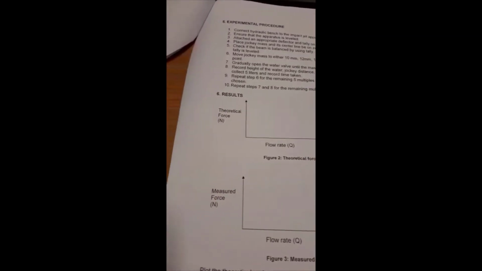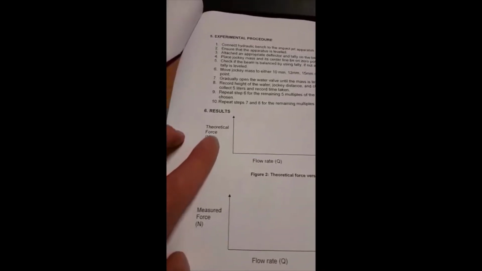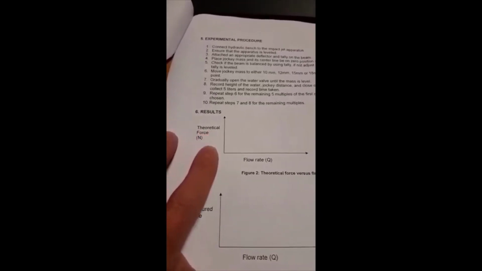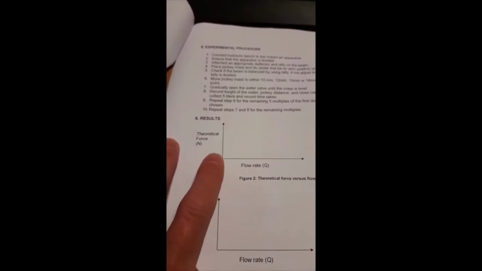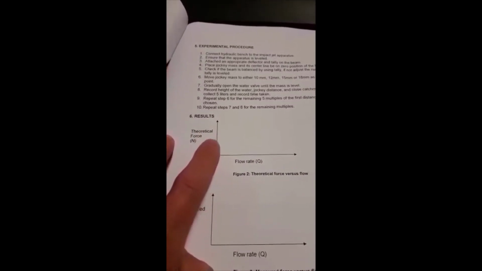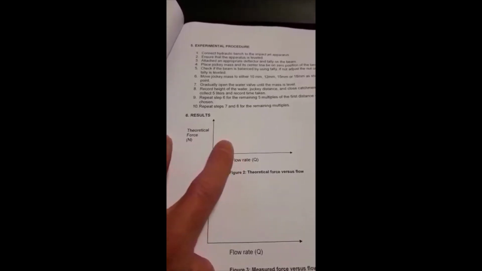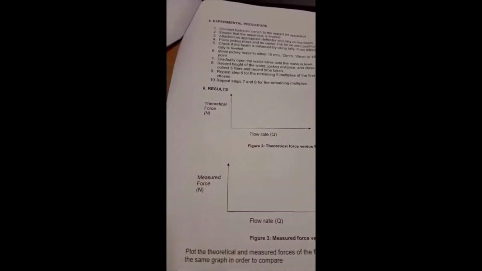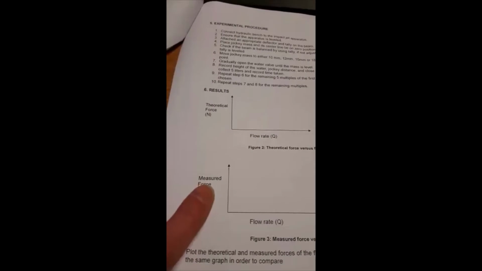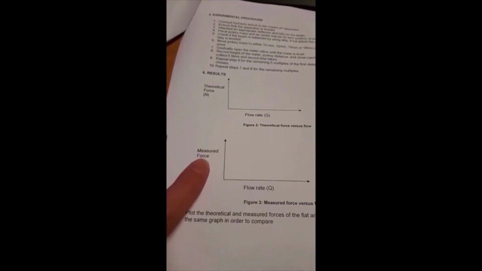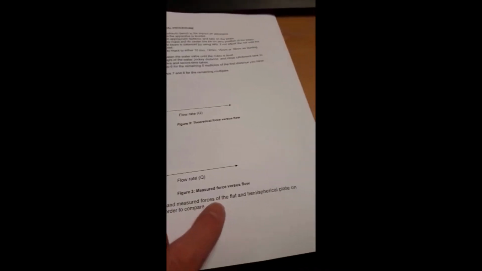Just a note on the results. There is asking for theoretical force versus the flow rate. And just remember to plot both deflectors' results onto one graph so it's comparable, and the same for the measured force. There is a note about it at the end of it.